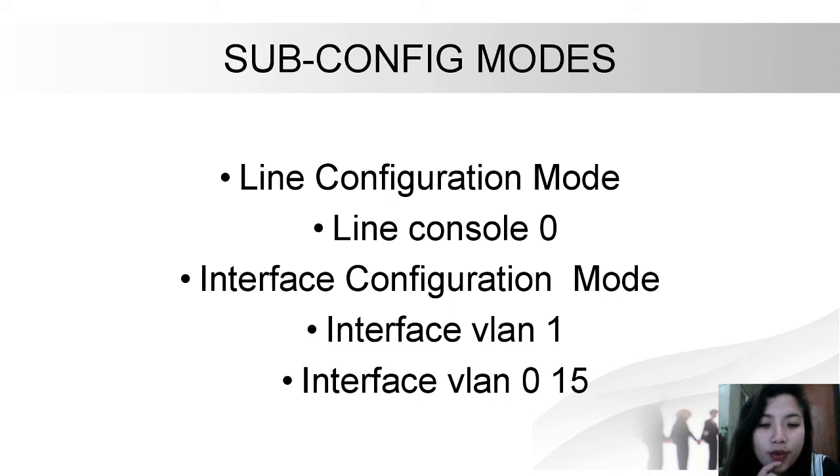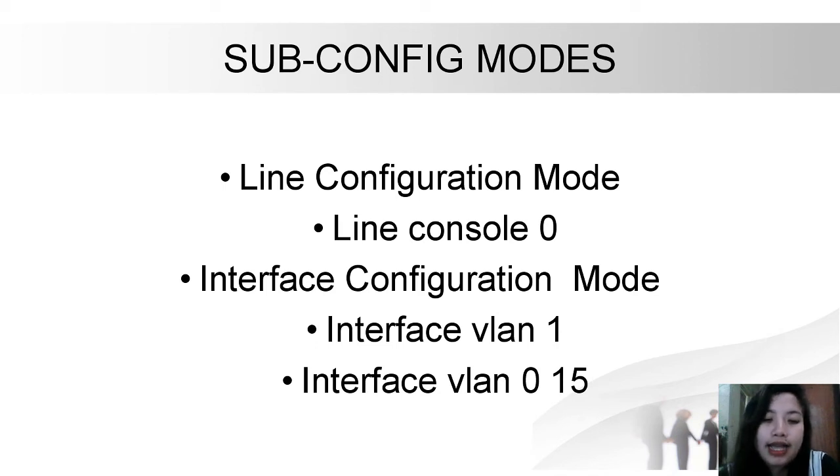Two common sub-configuration modes are line configuration mode and interface configuration mode. Line configuration mode is used to configure console, SSH, Telnet, or AUX access, while interface configuration mode is used to configure a switch port or router network interface.